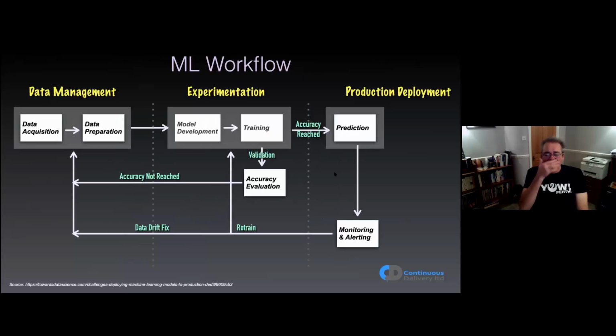In reality, it's a bit more complicated than that, and there's these kind of breakdowns of what's going on. There's the data acquisition and preparation in terms of getting ready for training, trying to figure out what data to use to train our models and what targets to aim it at, and then experimentation as we do the model development and the training itself.